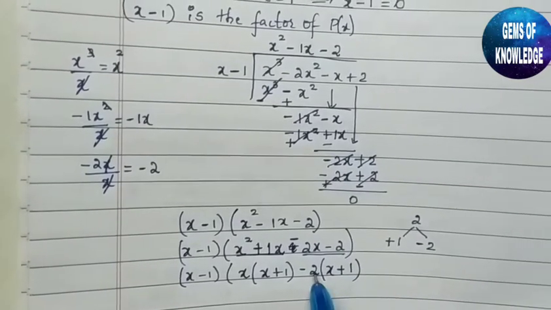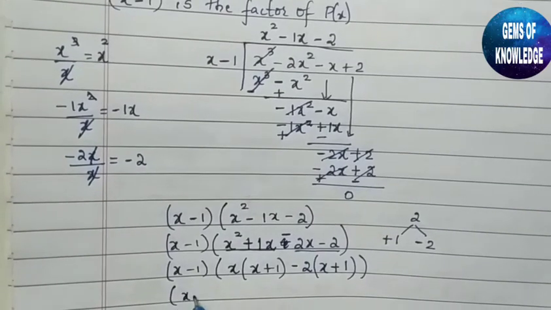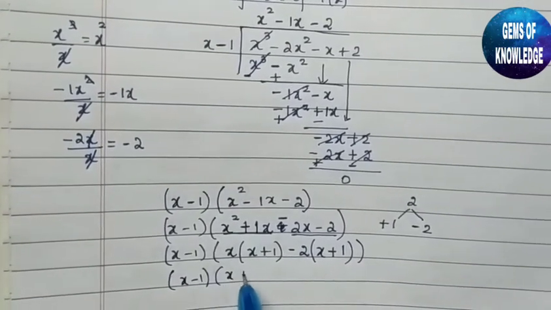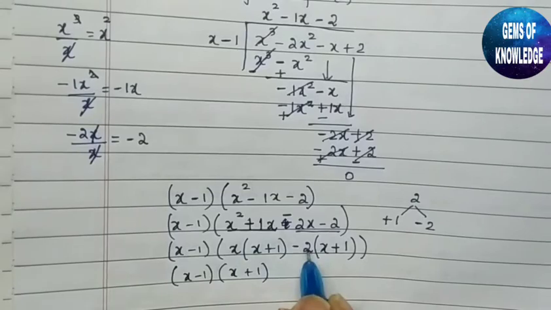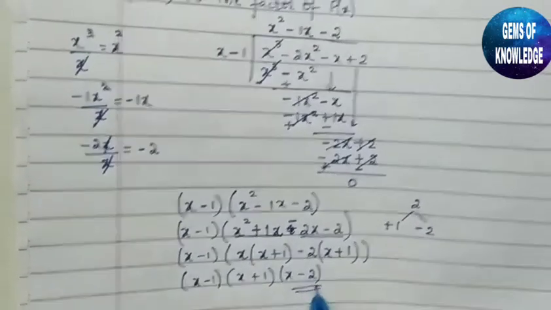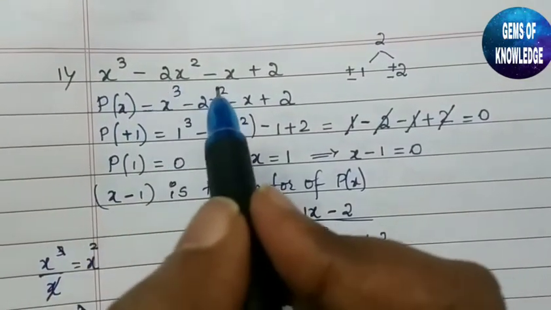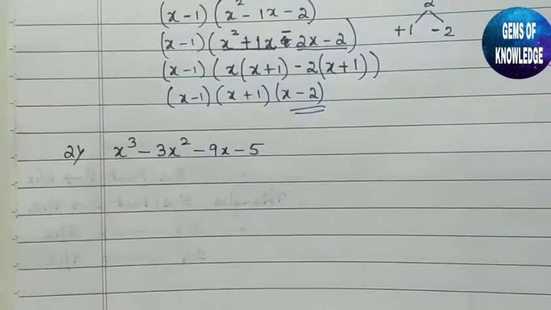So 2 ones are 2. So we are getting x minus 1 and one more will be x plus 1 and one remaining will be x minus 2. So these three are the factors of this term, that is x cube minus 2x square minus x plus 2.